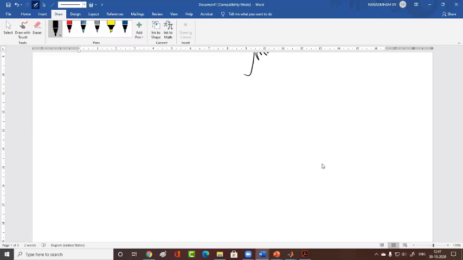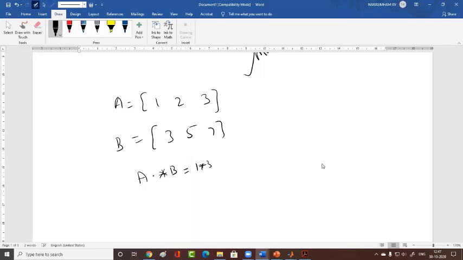Suppose A equals to, just for understanding, vector 1, 2, 3. B equals to 3, 5, 7. If you write A dot star B, it is nothing but 1 into 3, element wise multiplication, 1 into 3, 2 into 5, 3 into 7.